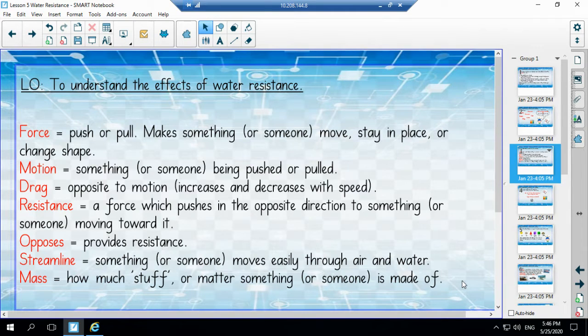Opposes provides resistance. Streamline is something or someone that moves easily through air and water. Mass is how much stuff or matter something or someone is made of. How did you do?